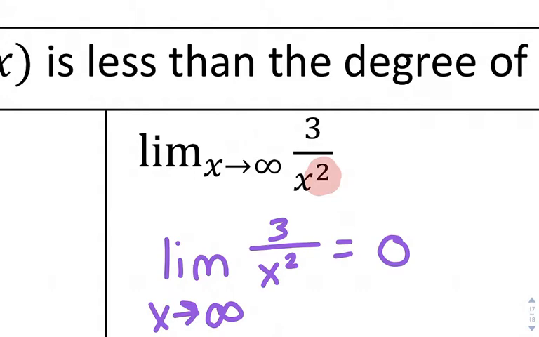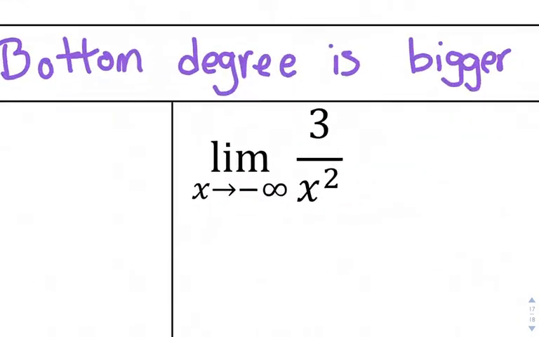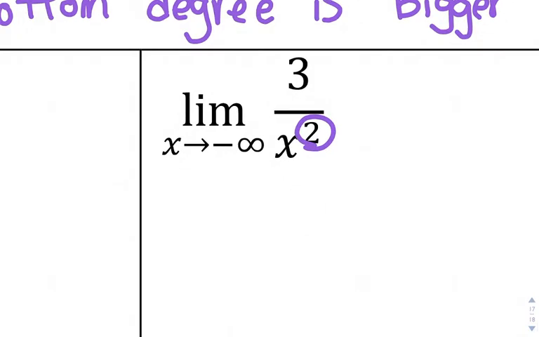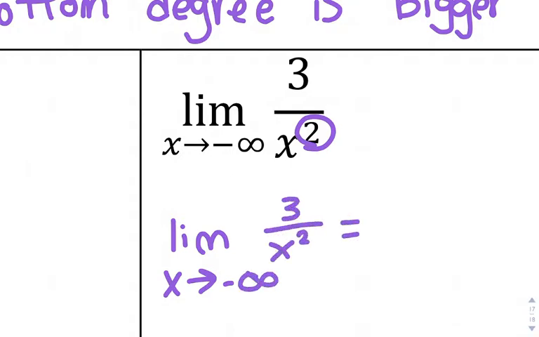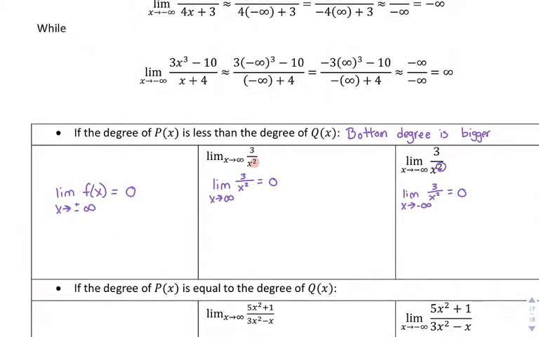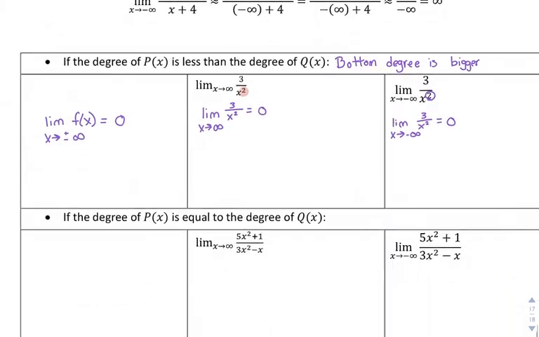So if the bottom degree is bigger, I know it's going to approach 0. Same thing if it's negative infinity. If the bottom degree is bigger, it's still going to approach 0 going towards negative infinity. So my limit would be 0 then. So bottom degree bigger, limit approaching 0.